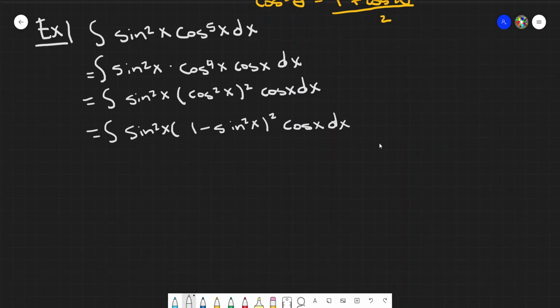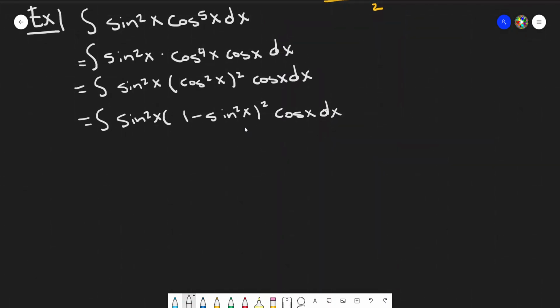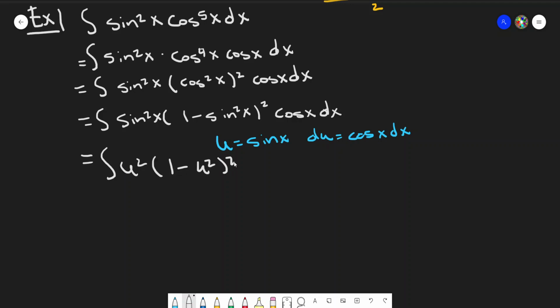From there, we need to use a u substitution. So let's choose our u to be sine of x, and then du will be cosine of x dx. What that does is change the integral into the following: u squared multiplied by 1 minus u squared, squared, du.